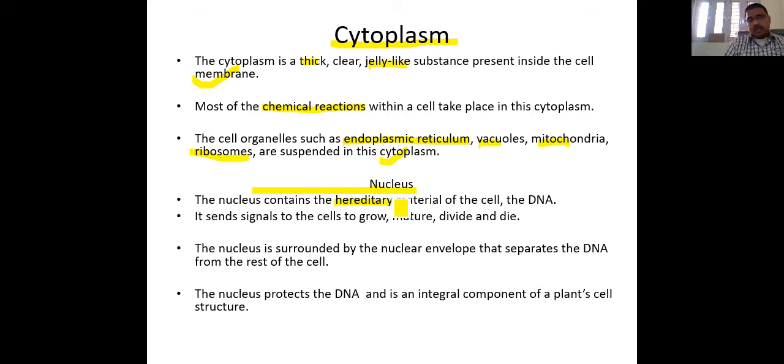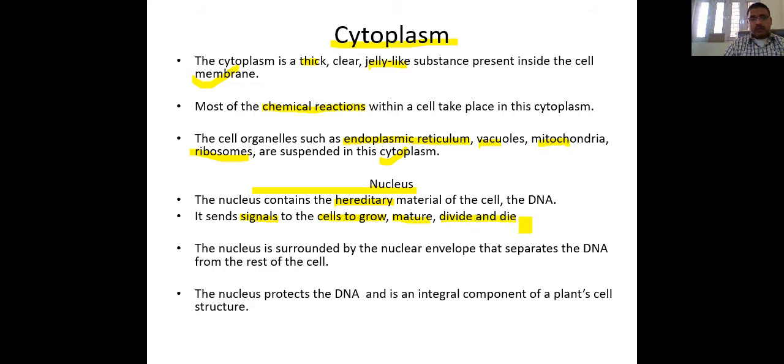It sends signals to the different cells to grow, so that whatever cells are inside the body grow, mature, divide, and die. This is the information provided by the nucleus.